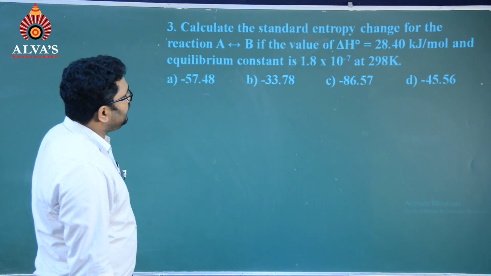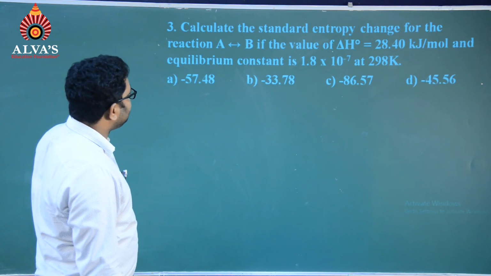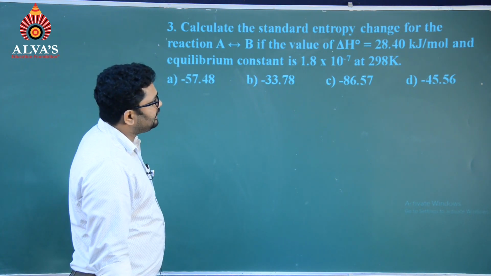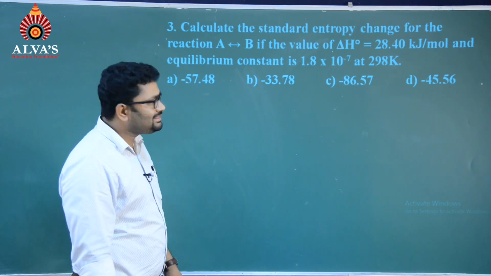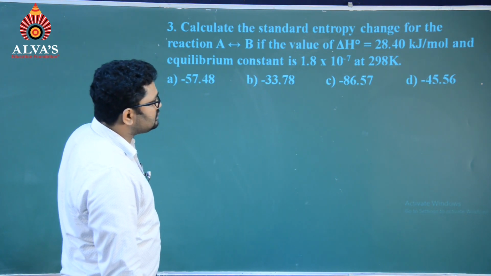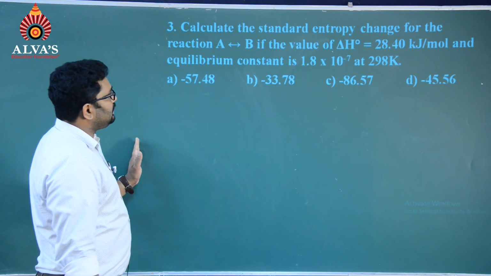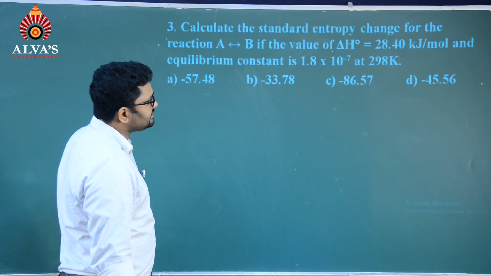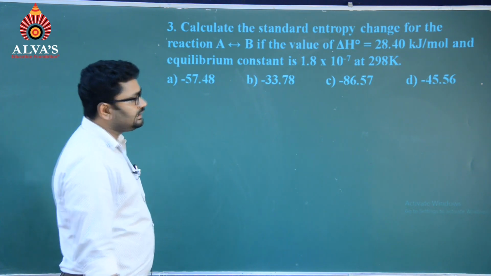Third question. Calculate the standard entropy change for the reaction A gives B if the value of delta H naught, that is standard enthalpy of the reaction, is 28.4 kilojoule per mole and the equilibrium constant is 1.8 into 10 to the power minus 7 at 298 Kelvin.